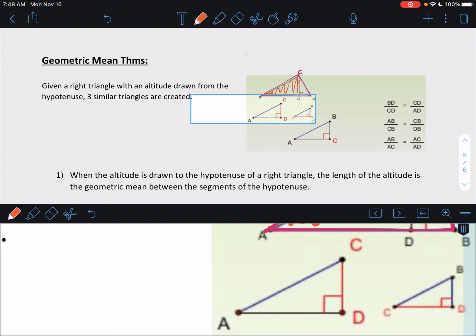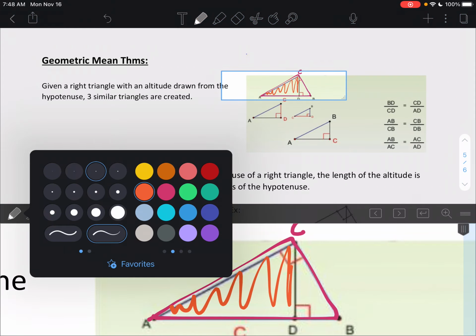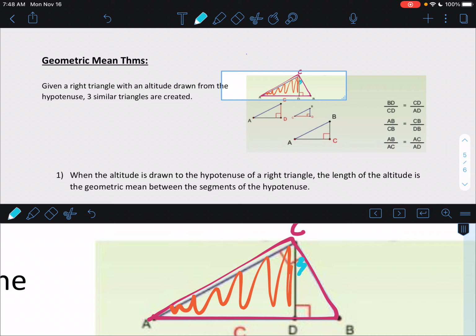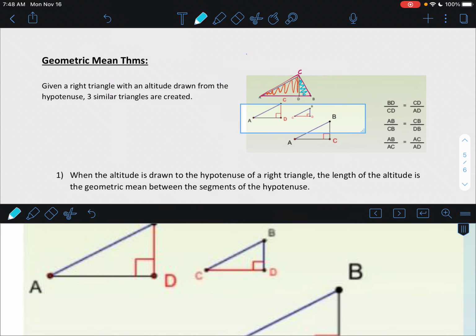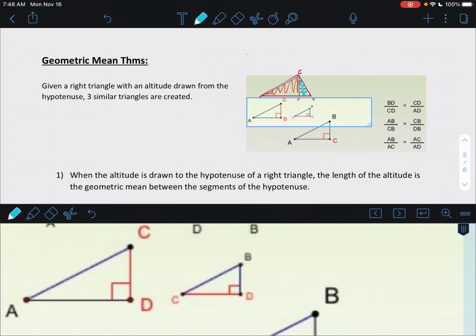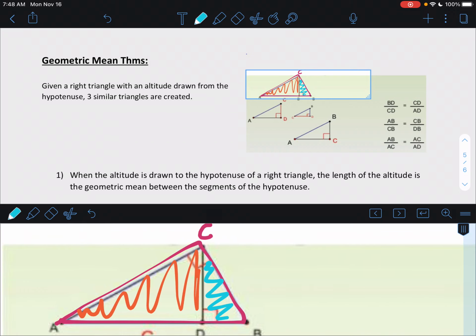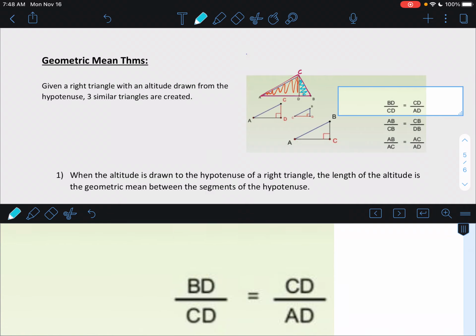And then I have the smallest triangle, which is CBD. All three of these triangles are going to be similar triangles. So one way to solve problems like this is to split it up into three smaller triangles and see what you're working with, see what statements you can make about similarity, and then solve perhaps.